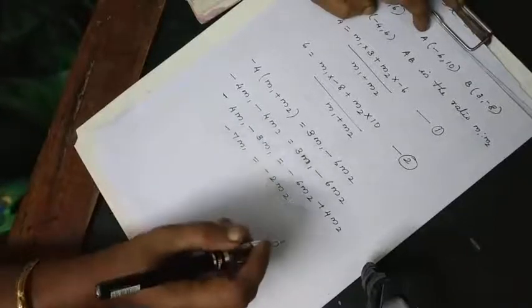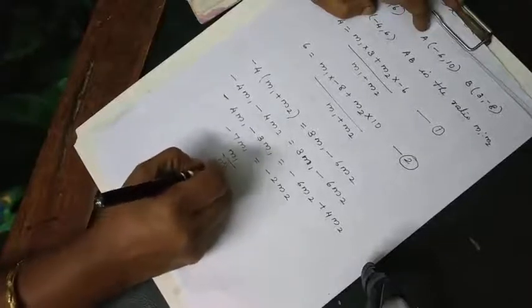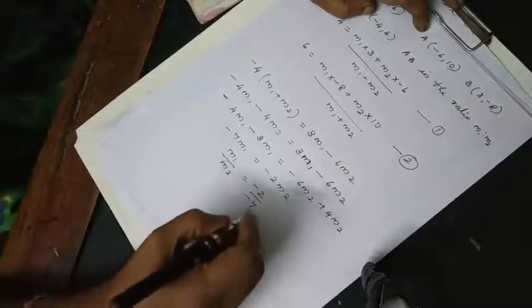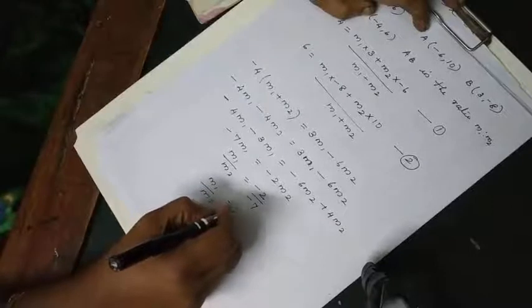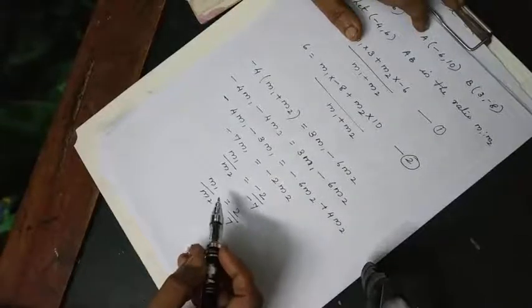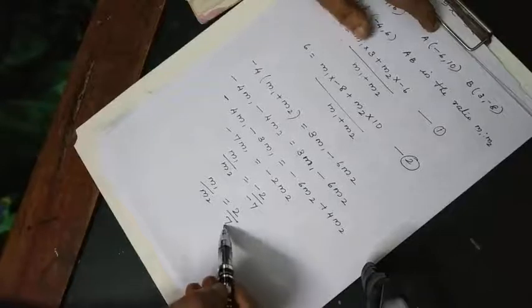You need the ratio, so m1 by m2 will be equal to -2 by -7, or m1 by m2 is equal to 2 by 7. The negative sign you can cancel. So the ratio m1 to m2 is 2 to 7.